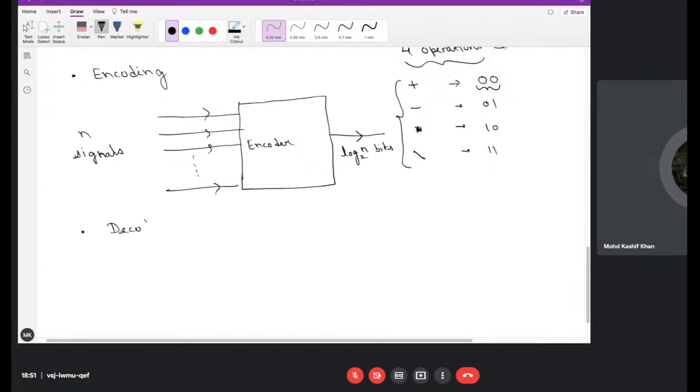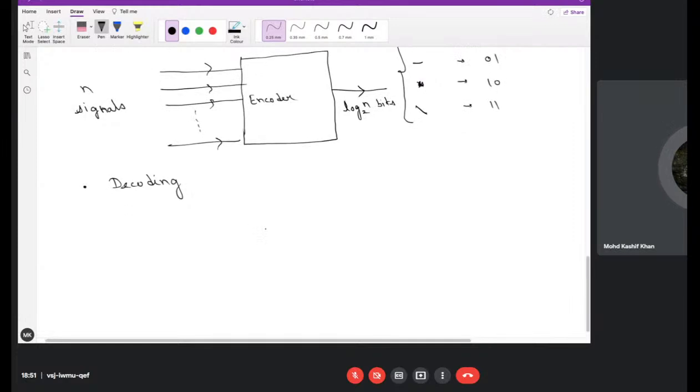The next thing is decoding. It is completely opposite to the encoding. The encoding is done by the encoder, and decoding is done by the decoder. Now suppose you give here n bits.